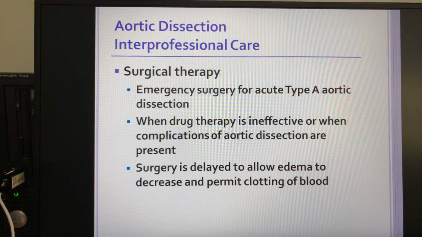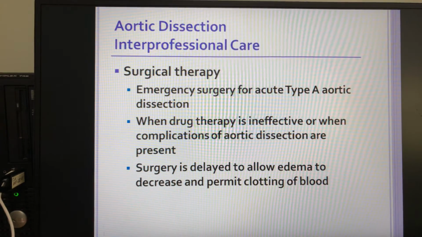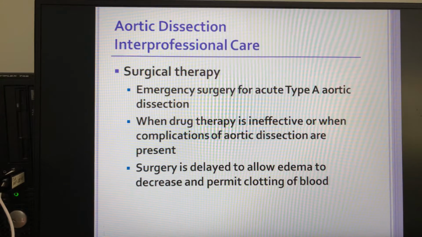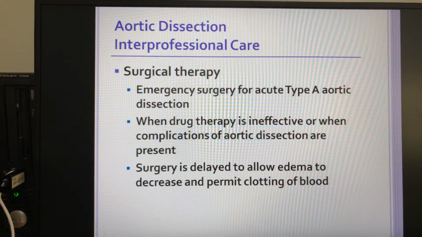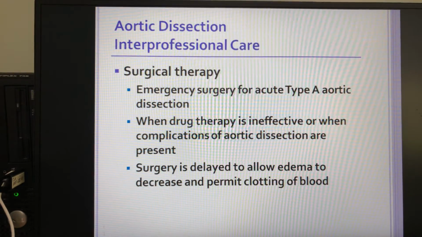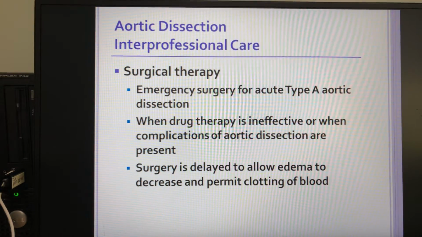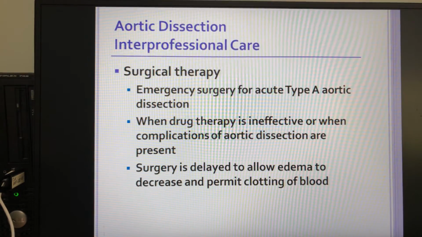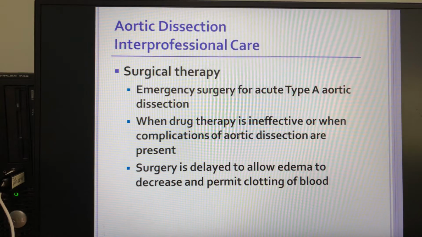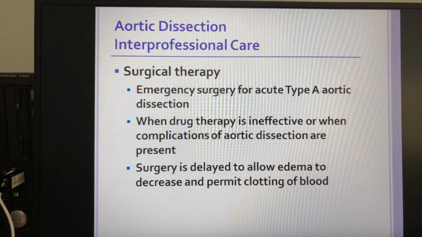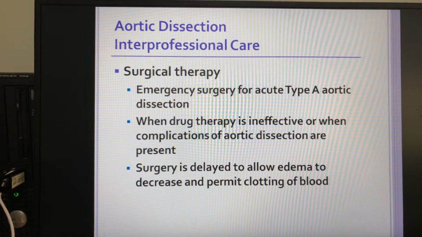And if a lumbar drain is used, strict aseptic techniques are essential to avoid introducing any type of infection. And with surgical repair, the mortality rate is about 50% within 48 hours of symptom onset.